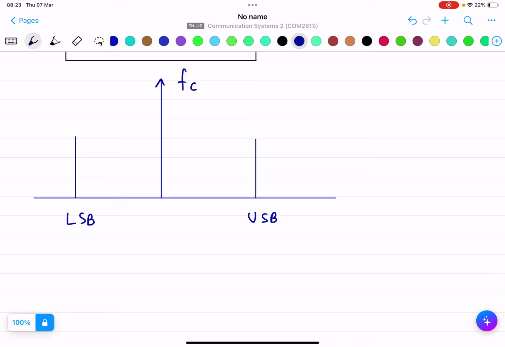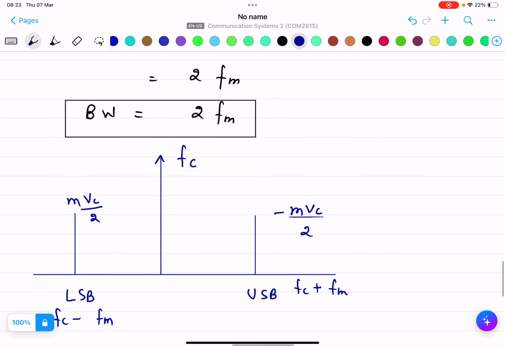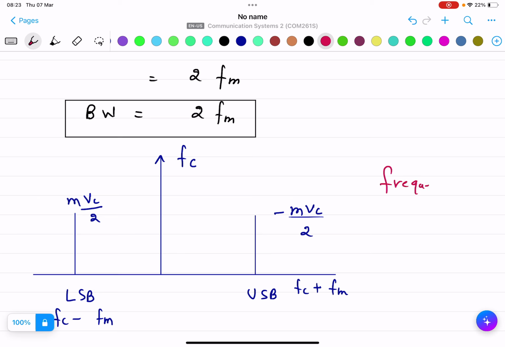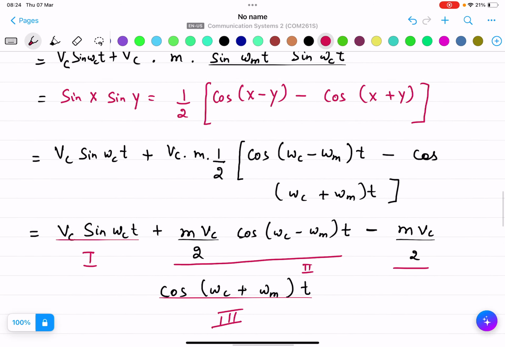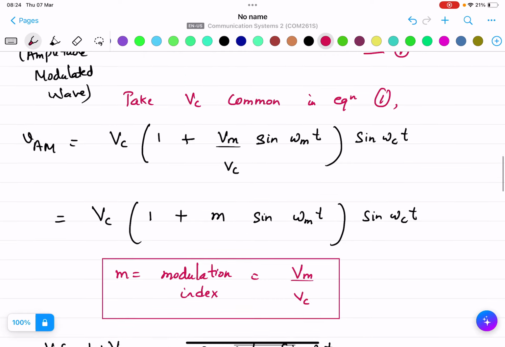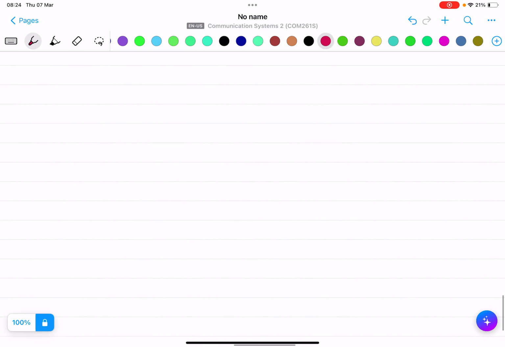The amplitude will be m Vc by 2 for each, and the frequencies will be Fc plus Fm and Fc minus Fm. So this is the frequency spectrum of the amplitude modulated wave. This is the bandwidth, 2 Fm. These are the amplitudes of LSB and USB. We have derived this expression, and this was the mathematical analysis.